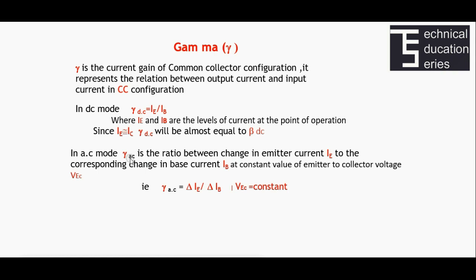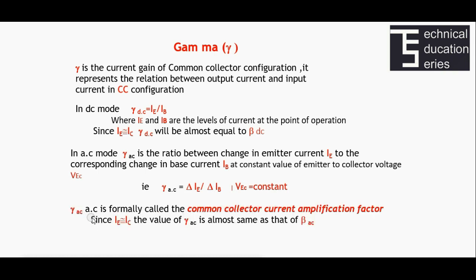In AC mode, gamma AC is the ratio between change in emitter current IE to the corresponding change in base current IB at constant value of emitter to collector voltage VEC. That is, gamma AC is equal to delta IE divided by delta IB at constant value of VEC.